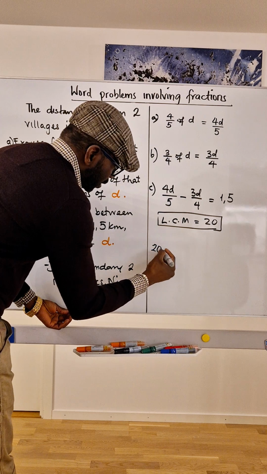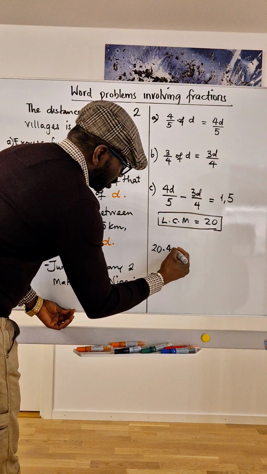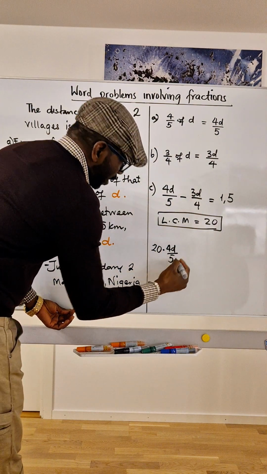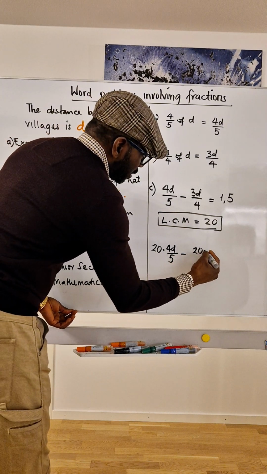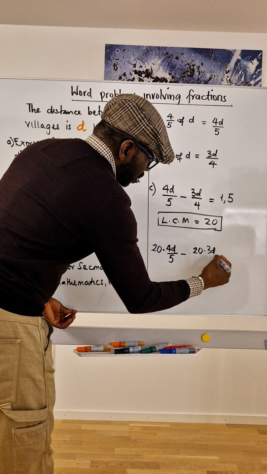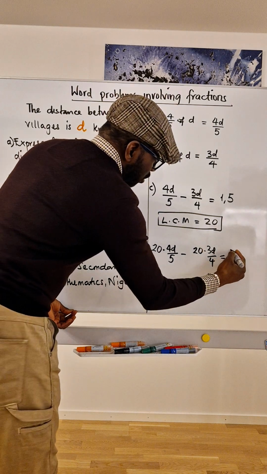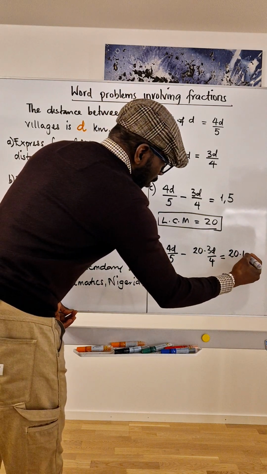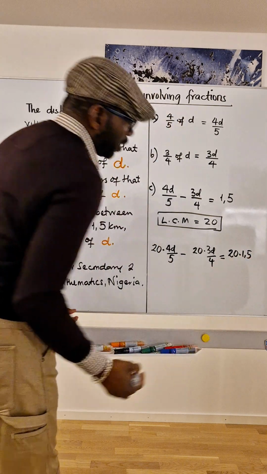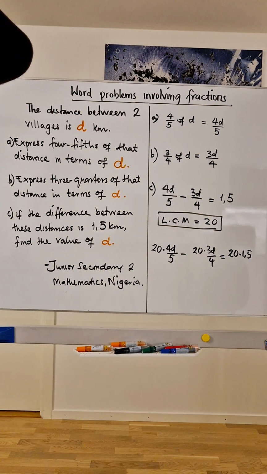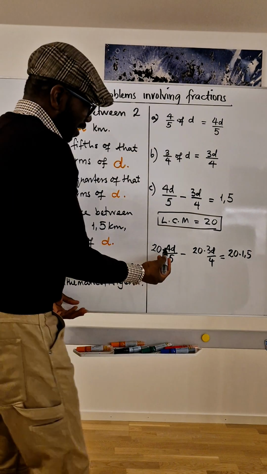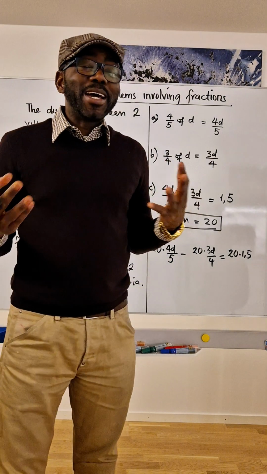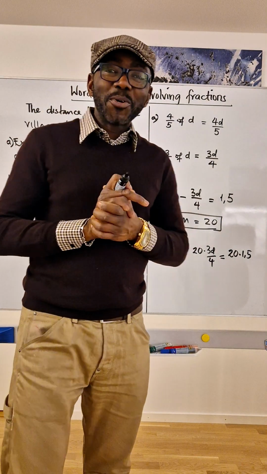20 multiplied by 4d over 5 minus 20 times 3d over 4 is equal to 20 times 1.5. Okay? So when I write times, I use this multiplication. I'm sorry, I just got carried away because that's how we write it in Sweden.